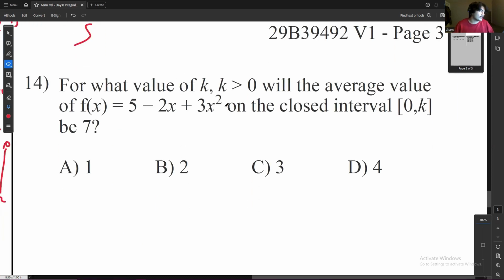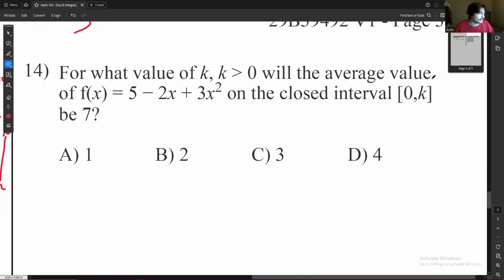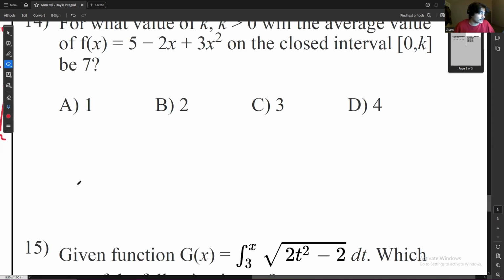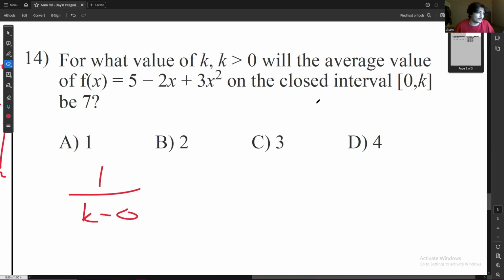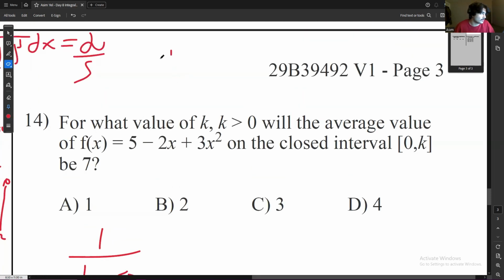For what value of k greater than 0 will the average value of f of x on the closed interval 0, k be 7? Actually, we're just setting up an equation, so there's no big deal. Let me write it over here so you can learn it: 1 over b minus a, the integral from a to b of f of x dx.